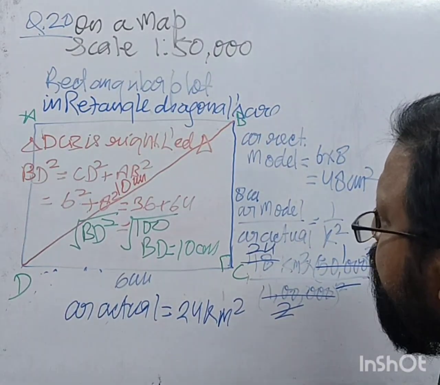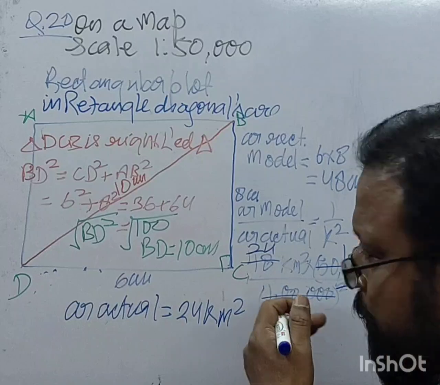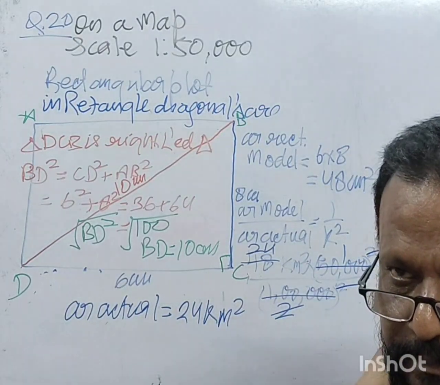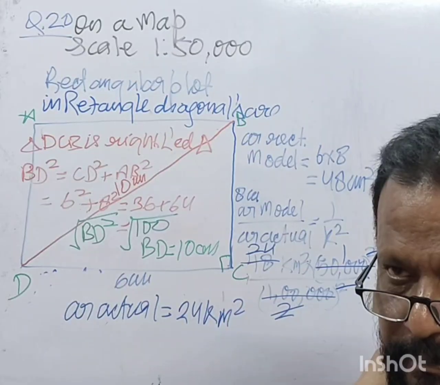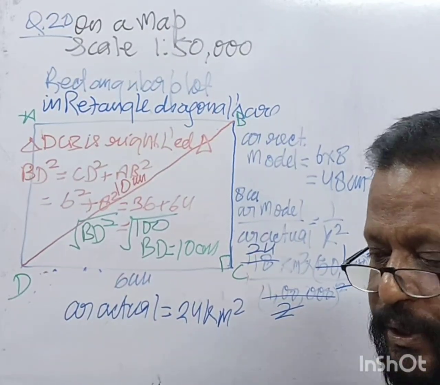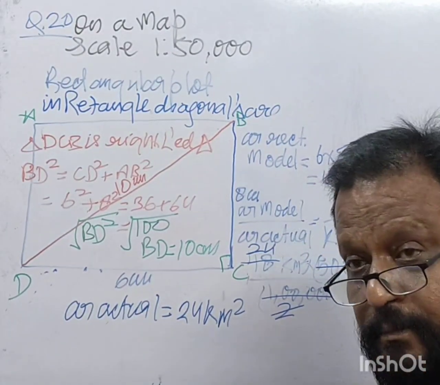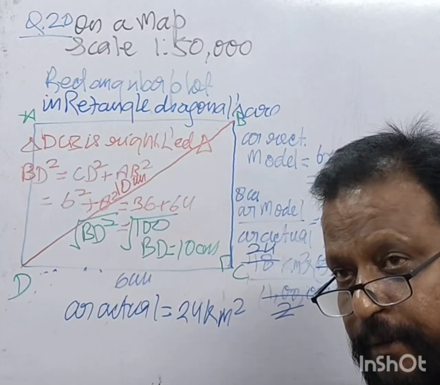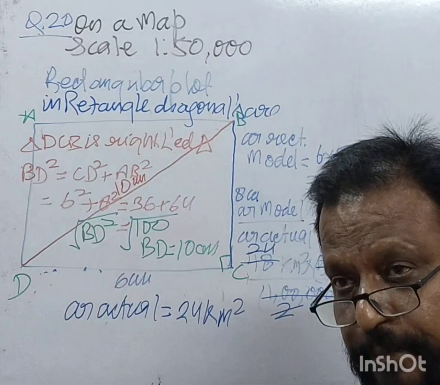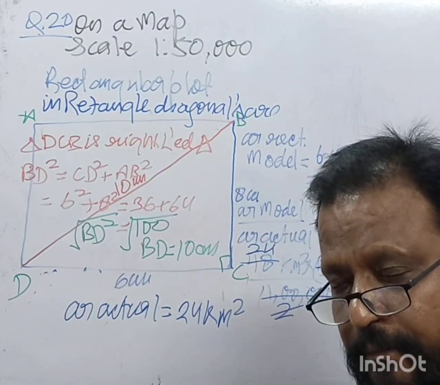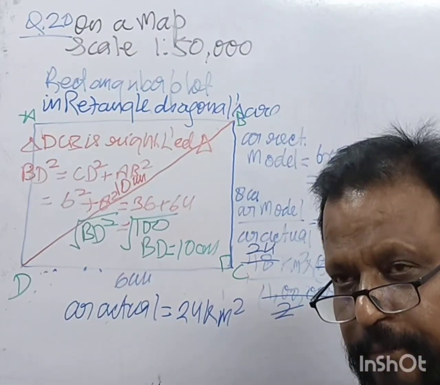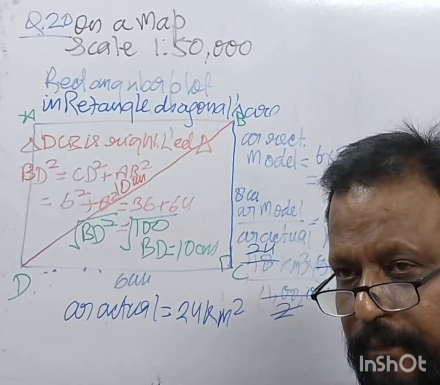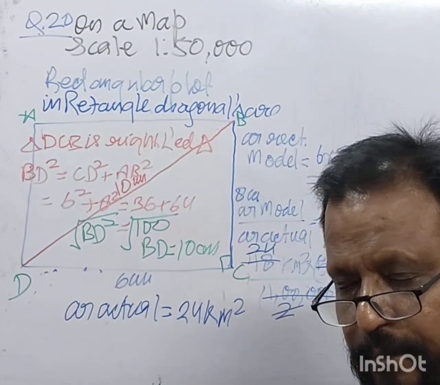What is your answer? 12 kilometers. What is the question? Then I have to read that. It is rectangular, क्योंकि ये 12 किलोमीटर ट्रायंगल का तो होगा. What is the question? The actual area of the plot in square kilometer. Fine. And what data is given? Scale is 1 ratio 50,000, and a rectangular plot of land ABCD has dimensions AB 6, BC 8.